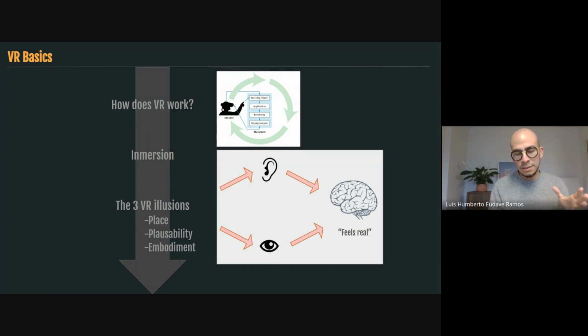And also, besides talking about the basic functioning of a virtual reality headset, we also talk about what makes it possible for us to fall into the illusion, into the game of virtual reality, which are the three VR illusions: place, plausibility, and the embodiment illusion. So that in the end, if you fall into this illusion, it makes you feel like it's real, right?